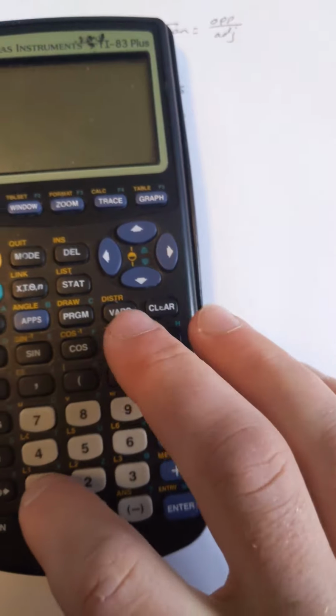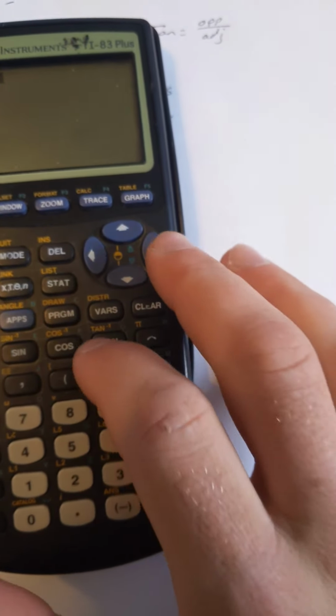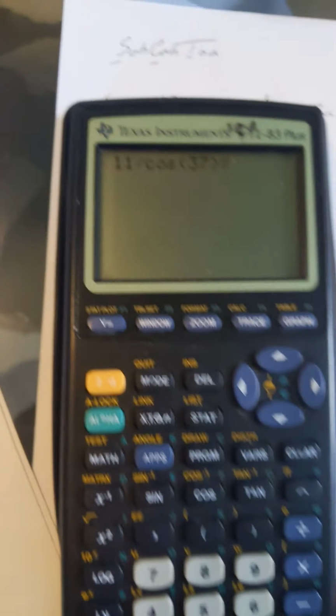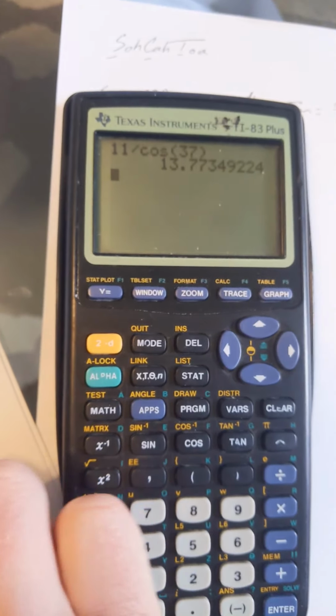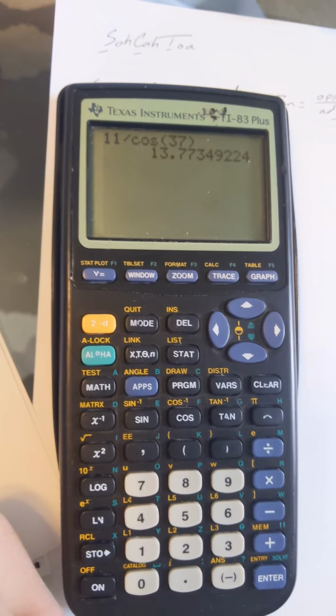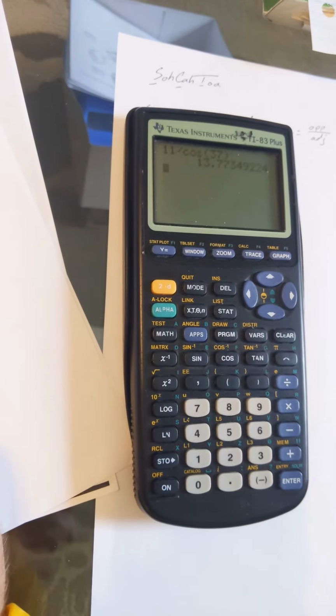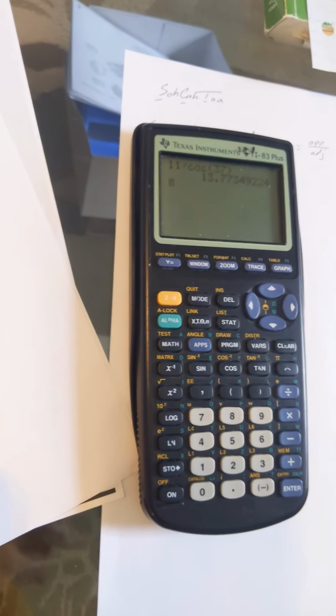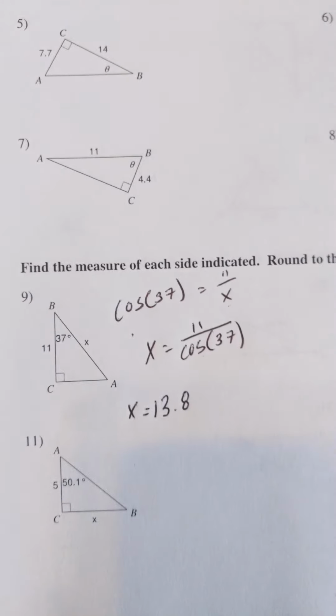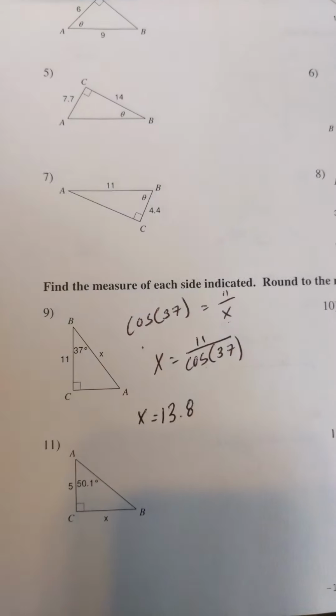Go to your calculator: 11 divided by cosine of 37. Little math problem. Enter. 13.77. They ask you to round to the nearest tenth, so 13.8. x equals 13.8, and you've solved a side length problem.